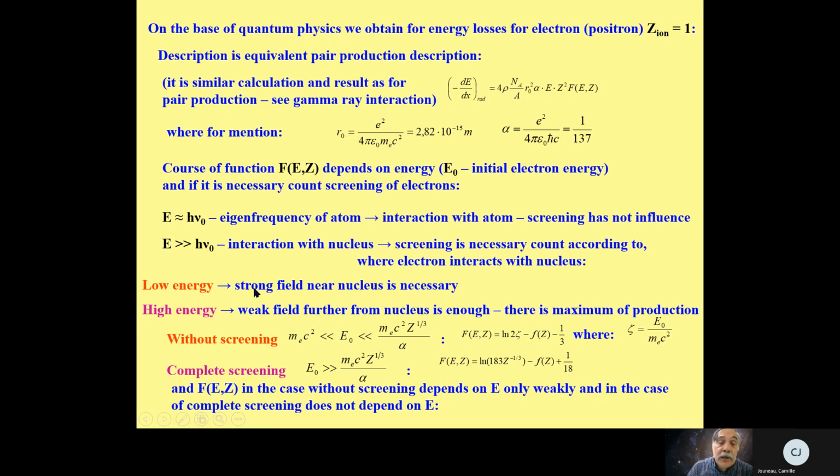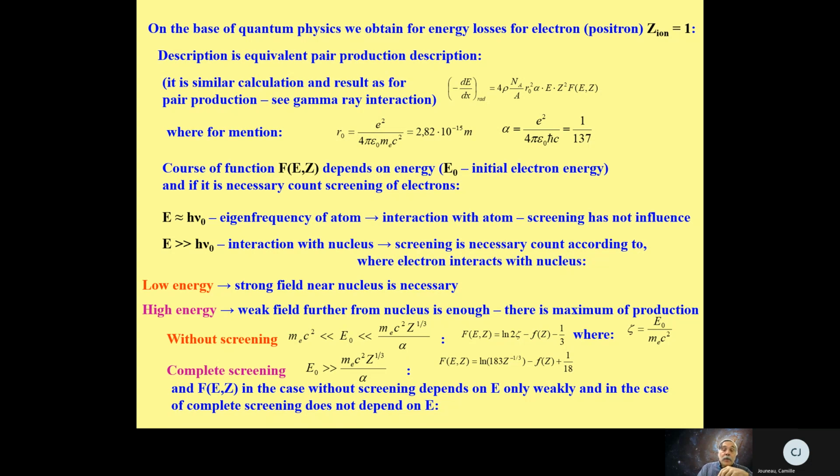Because for low energies, it is necessary to have a strong field. And this strong field is only near the nucleus, because in the outside part of the atom you have electrons, and these electrons work as a shield of the charge of the nucleus.